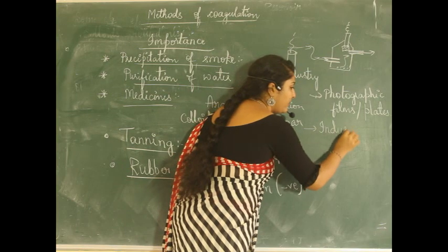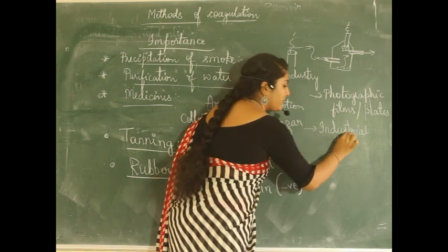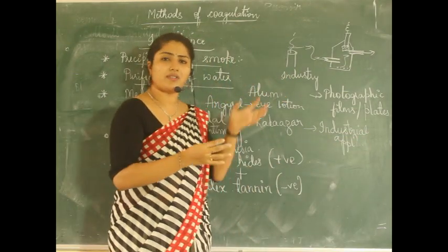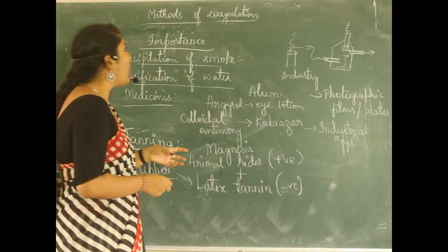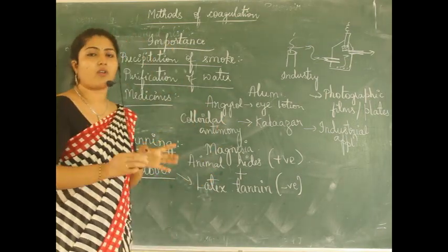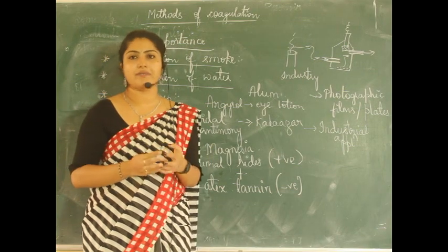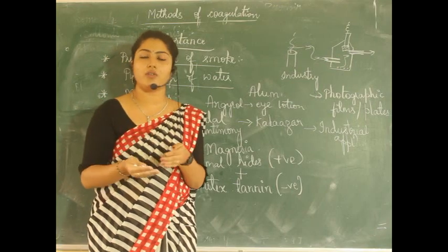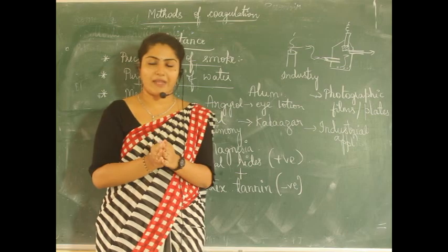There are n number of industrial applications of colloids. Example, paints, cement or whatever you see, most of them are colloidal in nature. So these were a few importances of colloids in day-to-day life, which we commonly see. In the next video, we will meet a new unit, that is general principles and processes of isolation of elements. Thank you.